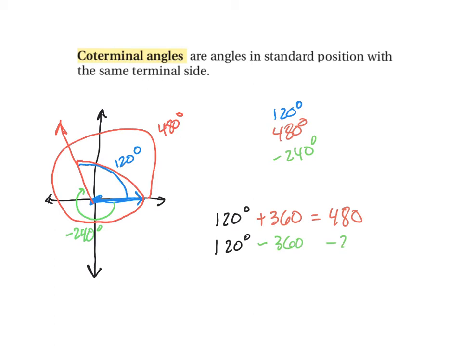And that's how I got negative 240. And I can simply do those on my calculator, right? So coterminal angles, they're just separated by 360 degrees in either direction. And if you wanted to, you could go around 7 times 360 and end up with another angle that's coterminal. Let's take a look at the problems you're going to have to do involving coterminal angles.